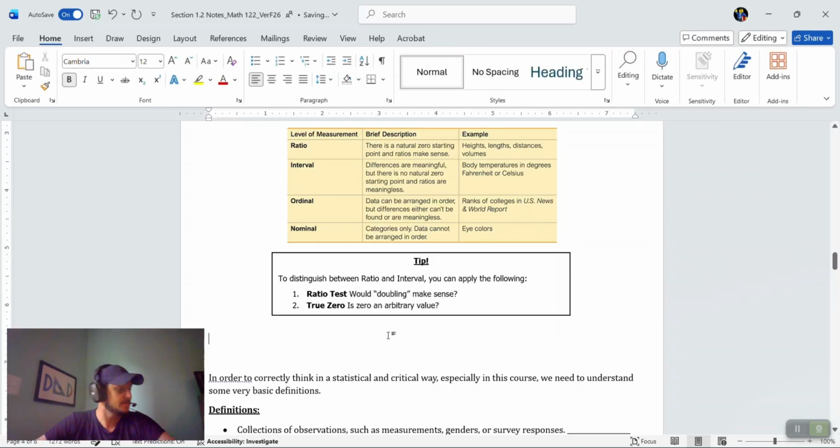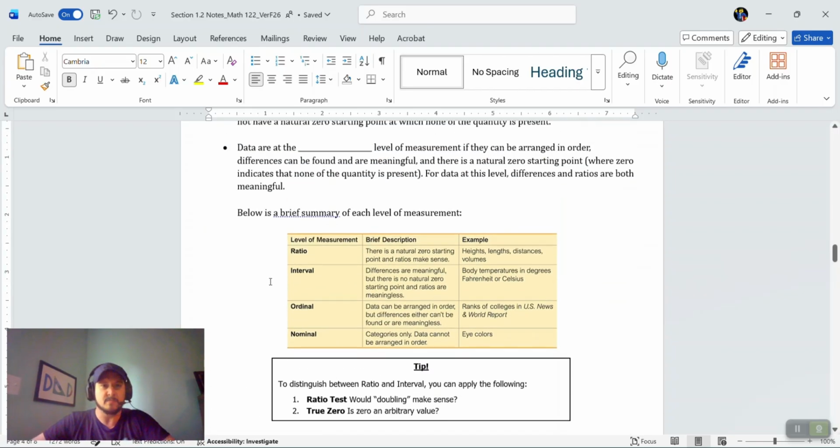We're about to be, though. Perfect. All right, we'll do some examples.